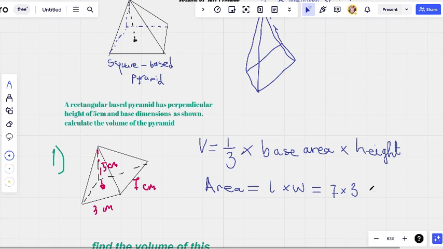Similarly, the area of this other face, because they are equal, will also be 32 centimeters squared. Which makes 64 for both. So you see, you solve one, you've got a solution to 2.